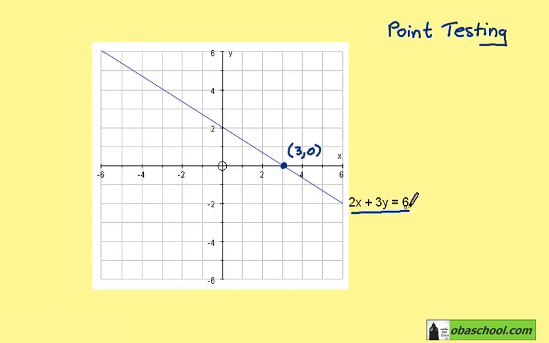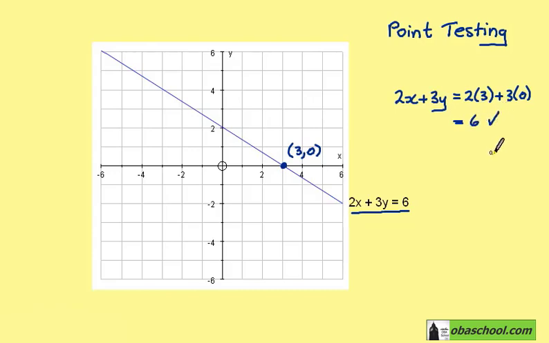Let's substitute this into the equation. We have 2x plus 3y. If x is 3 and y is 0, that's 2 times 3 plus 3 times 0, which is 6 plus 0, which is 6.